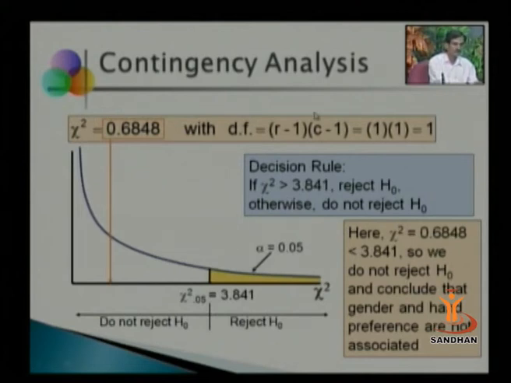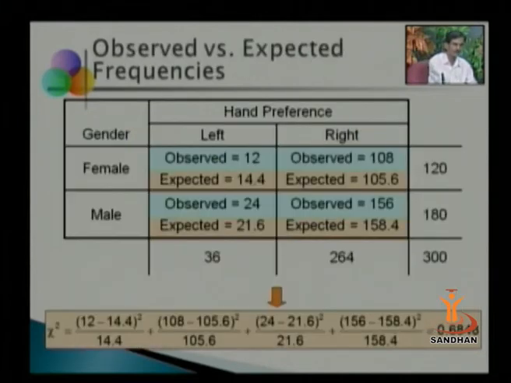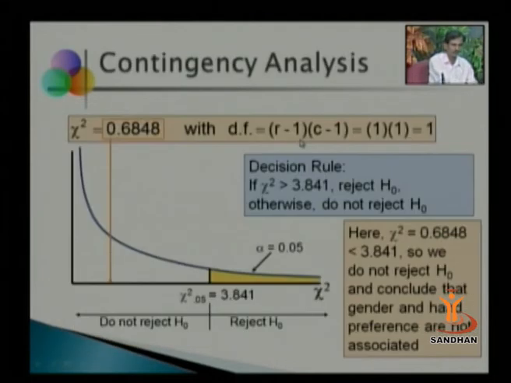Now, since it follows a chi-square distribution with r minus 1 into c minus 1 degrees of freedom, and in this example there are 2 rows and 2 columns, the degrees of freedom is 2 minus 1 into 2 minus 1, that is equal to 1.